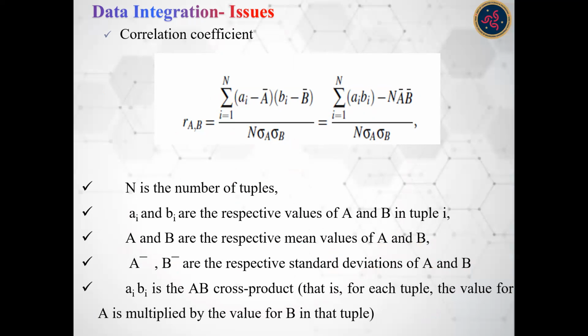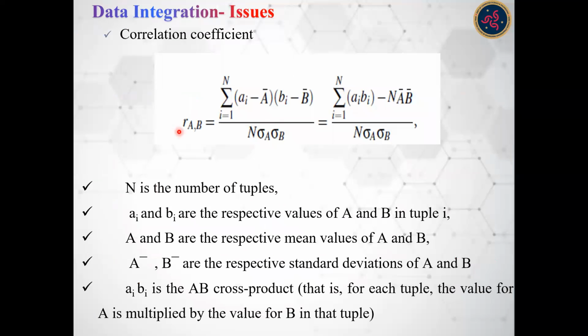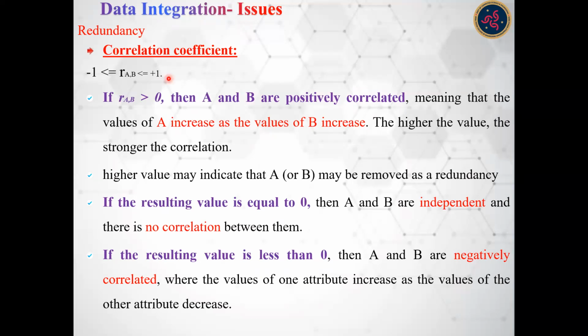So what does that mean? When we get the value of the correlation coefficient, that value will lie between -1 and +1. That is, -1 is less than or equal to r_AB, which is less than or equal to +1. If it is greater than 0, that means A and B are positively correlated.